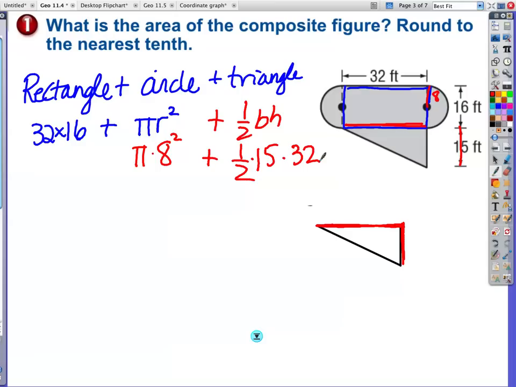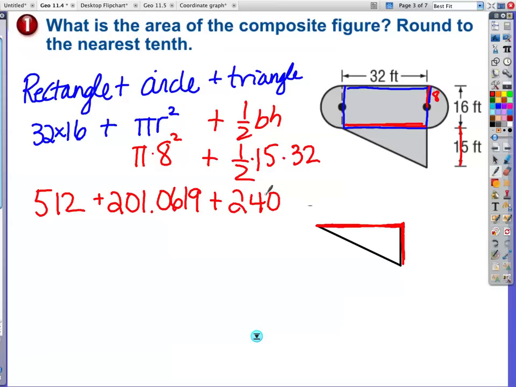32 times 16 is 512. Then I'm going to take 64 times pi, and we're going to keep a lot of decimal places because we round at the end. And then 1/2 times 15 times 32 is 240.